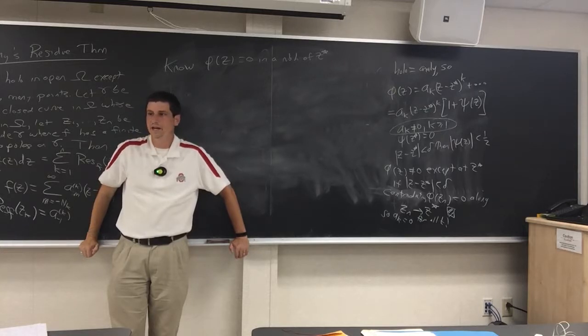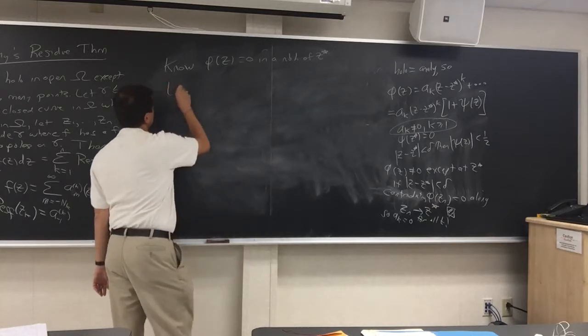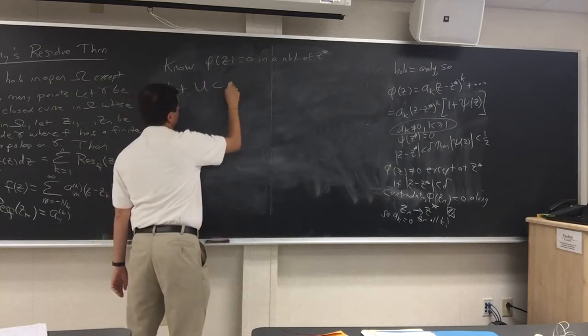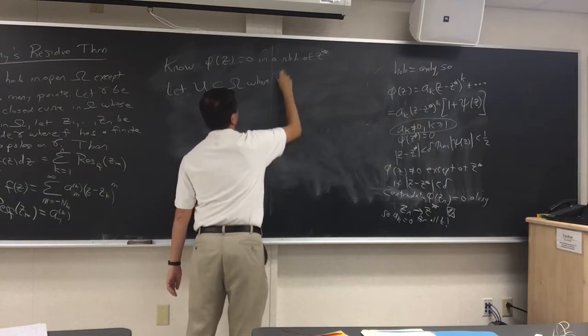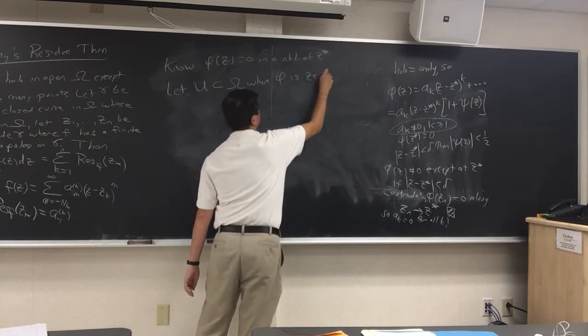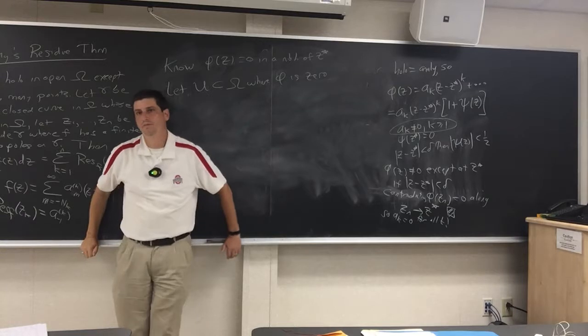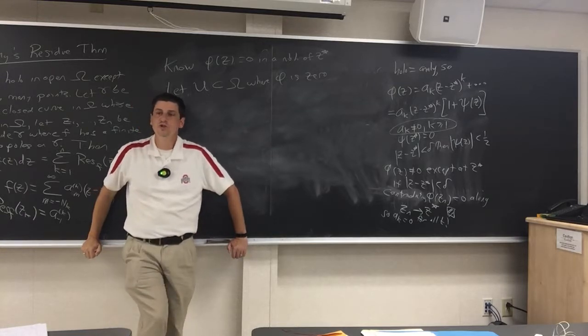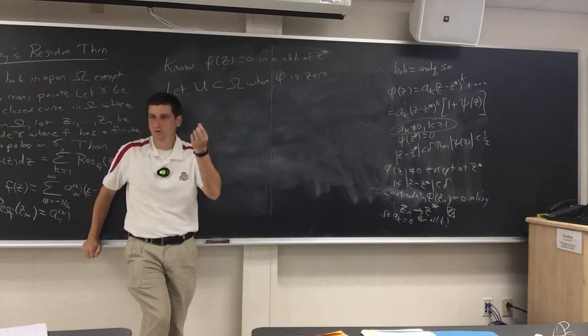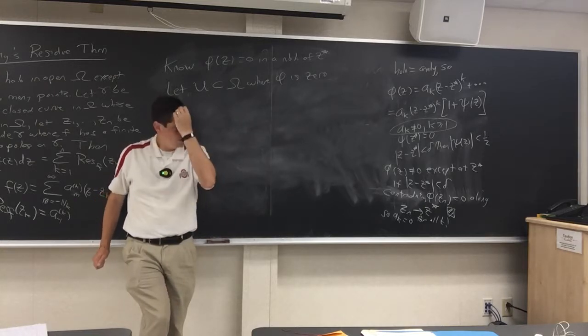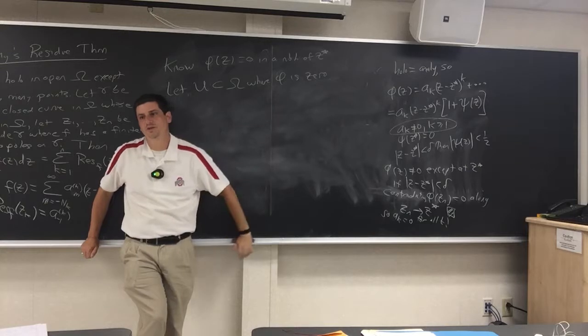Okay? And now what we can do is we can look at all the points where phi is 0. Let U be the subset of omega where phi is 0. And we just showed that this is an open set. Because if you have a point where it's 0, you can have a sequence of points converging to it.